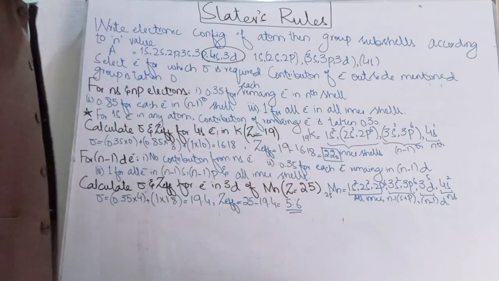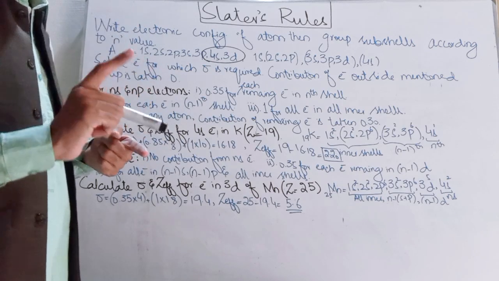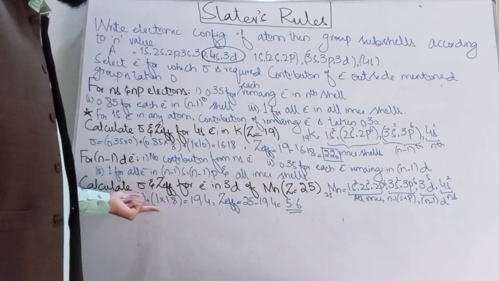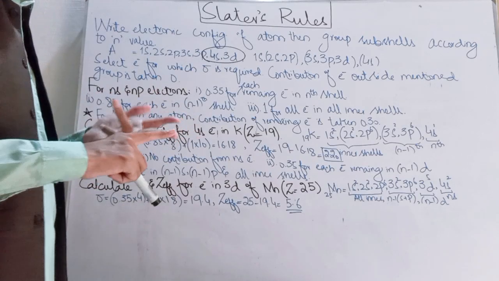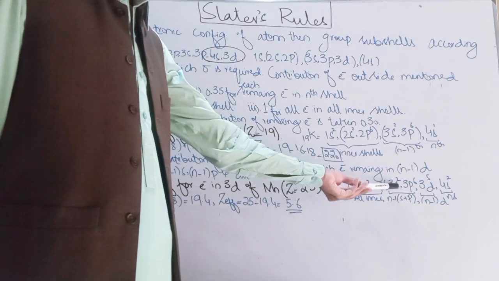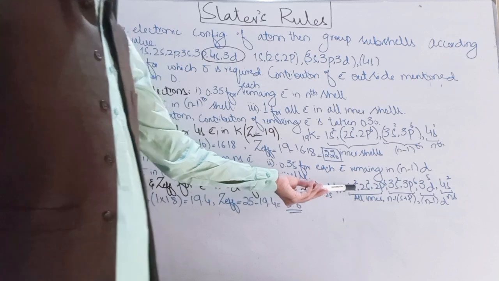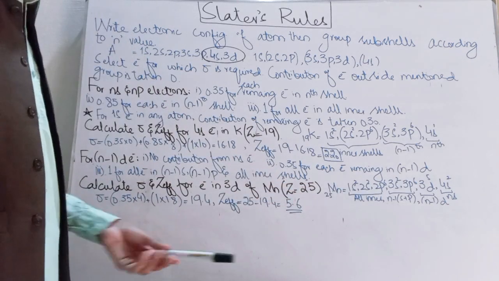Why? We are considering the 3d5, so one electron is taken for the calculation and the rest of the electrons are 4. Plus 1 into 18, for n-1 s, n-1 p and all inner shells. So 6 plus 8 makes 14, 14 plus 2 is 16, plus 2 is 18. So 1 into 18. The value comes out to be 19.4.